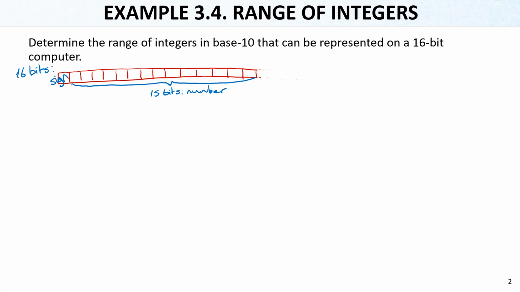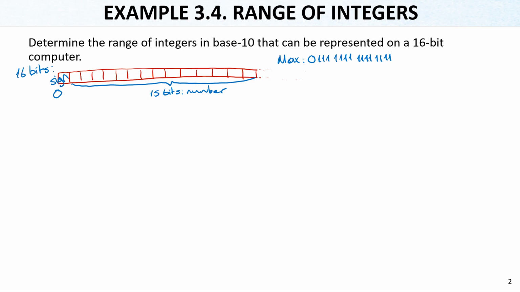Let's try to find the maximum value. For the maximum, these 15 bits should be ones, because we only have 0 and 1s here. If the sign is 0, it becomes the maximum value, so we define it as 0 followed by fifteen 1s. As you can see, this is the 16 bits.